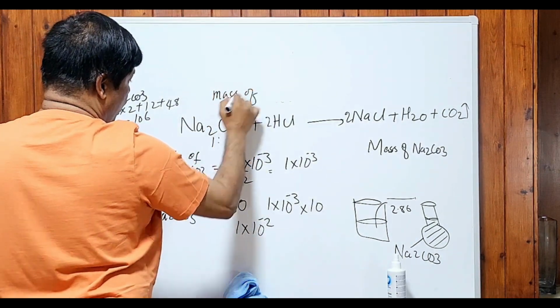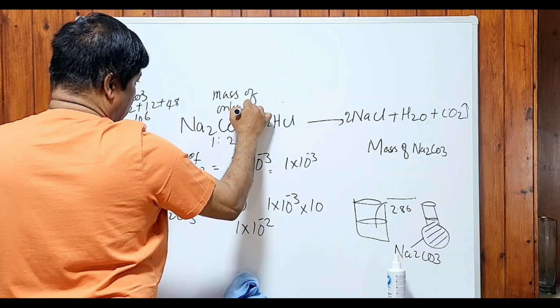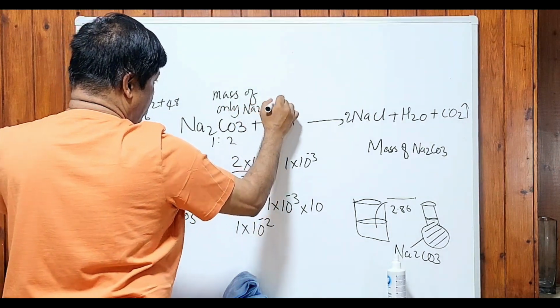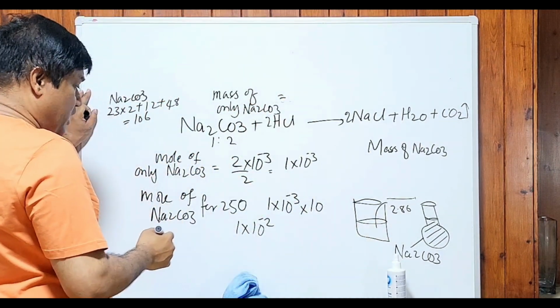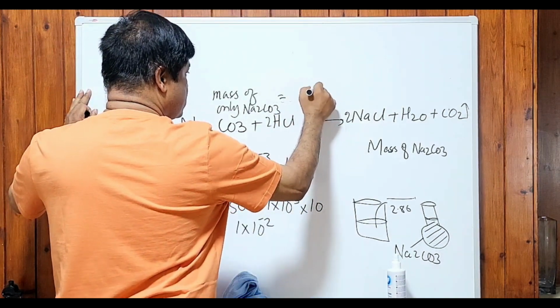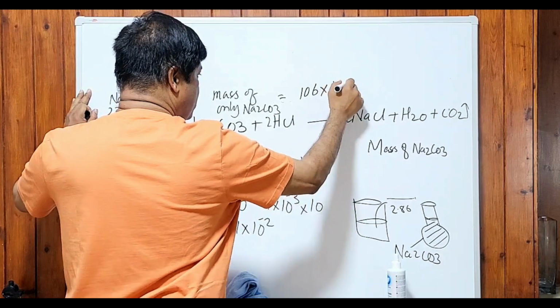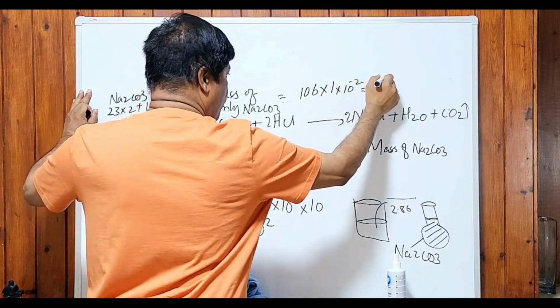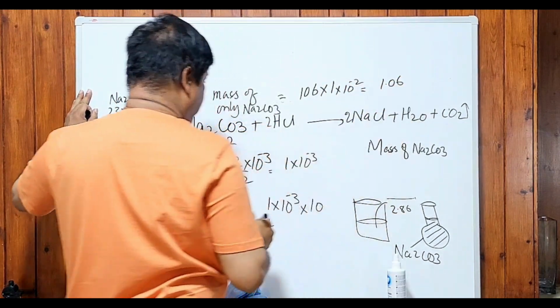Mass of only Na2CO3 equals mole times its Mr, 106 times 1 into 10 to the power of minus 2, 1.06 gram.